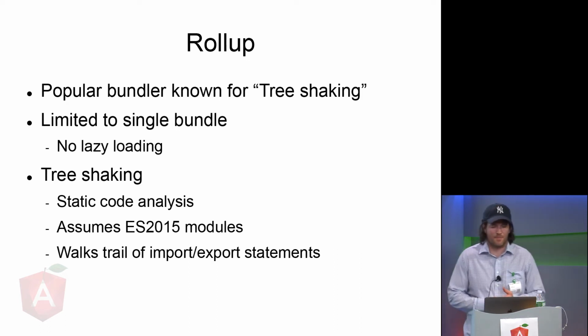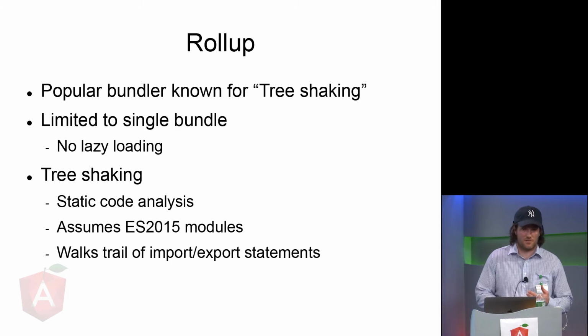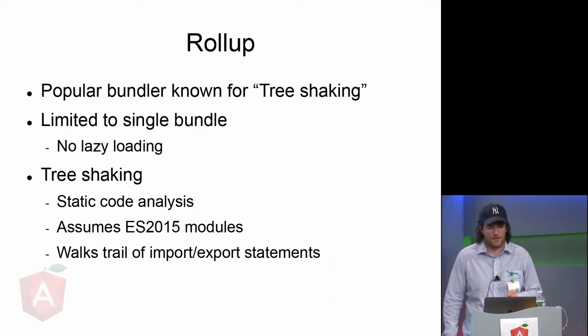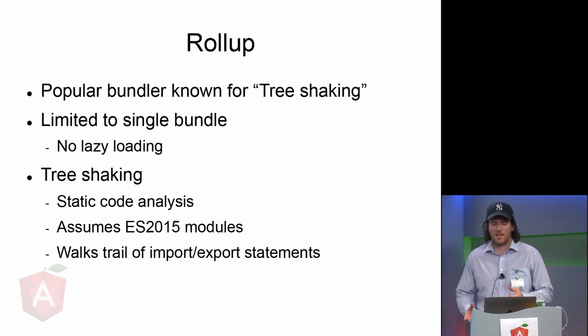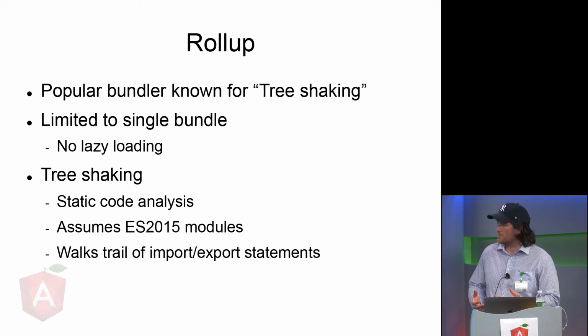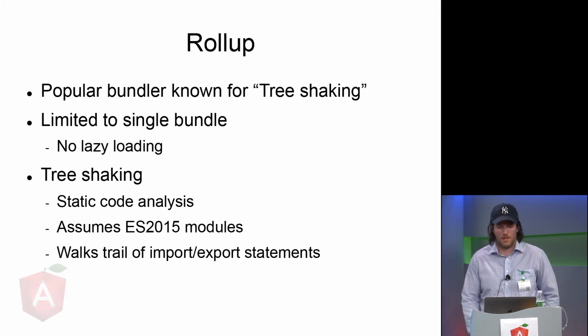It assumes that you're using ES 2015 modules, which is a feature of ES6 or ES 2015. And it walks the trail of import and export statements in your application and figures out if there are any features or modules that are not needed by the application. So if something is exported but never imported, it won't be included in the bundle.